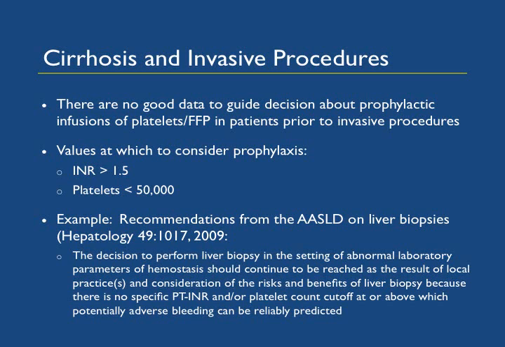Values at which to consider prophylaxis include an INR of greater than 1.5 and/or platelets less than 50,000. So as an example, I've put in the recommendations from the American Association for the Study of Liver Disease liver biopsy guidelines. As you can see, it relies on clinical judgment. But these are values that are recommended by expert opinion, but based on very little actual data.